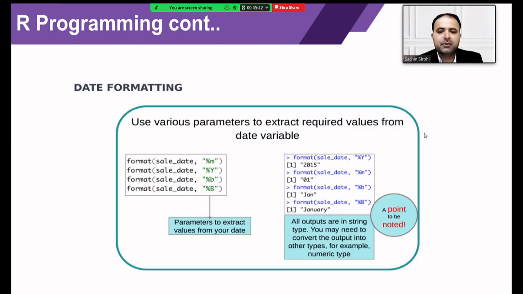How can we apply this? I want to use date formatting, using various parameters to extract the required value from a date variable. So we have a date in the sale date, and I want to fetch out only the month and year, something like that. So firstly, I want to store a value into the sale date.